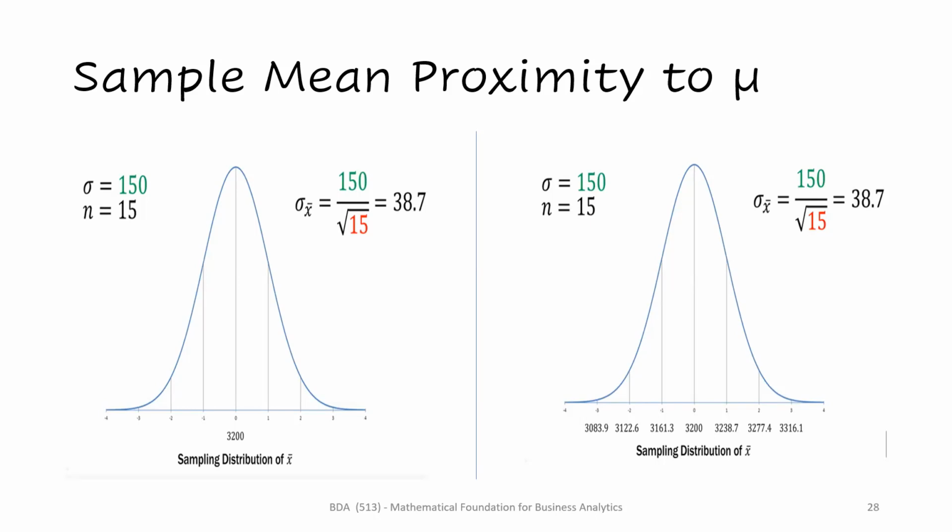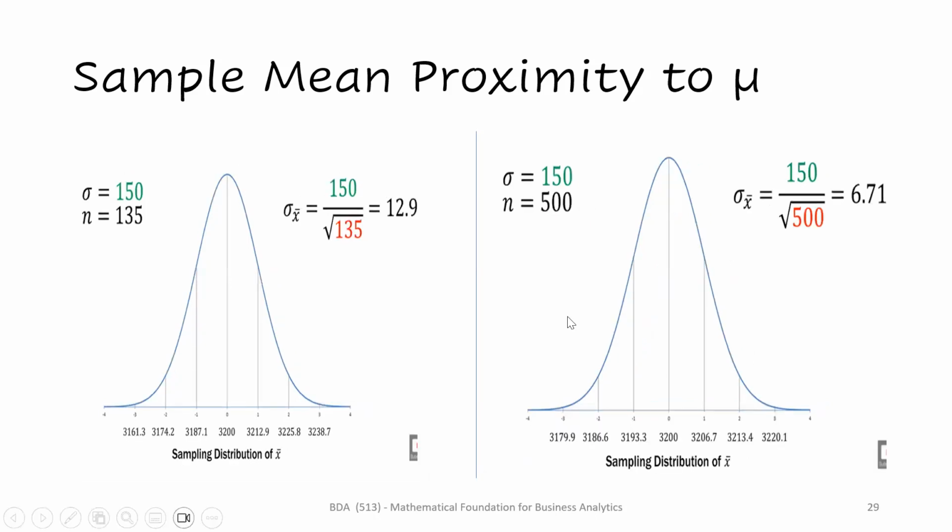Okay, so we have the same situation here. Let's say now we have a sample size of 135. Now our standard deviation is no more 38.7. It is now 12.9.